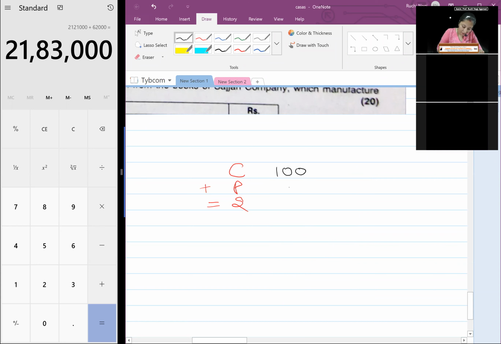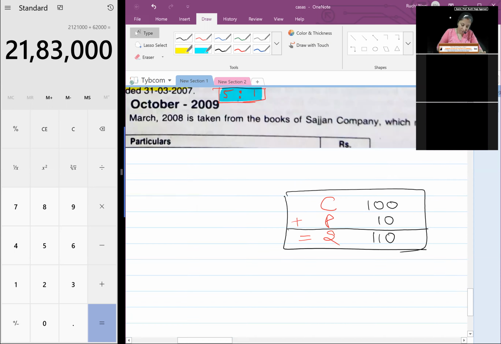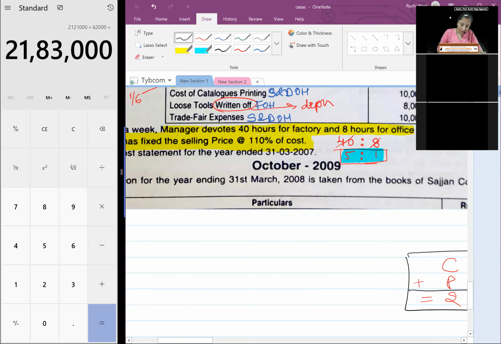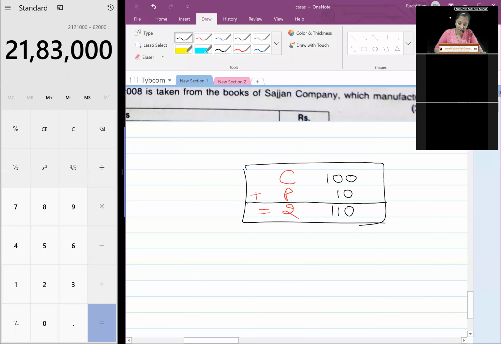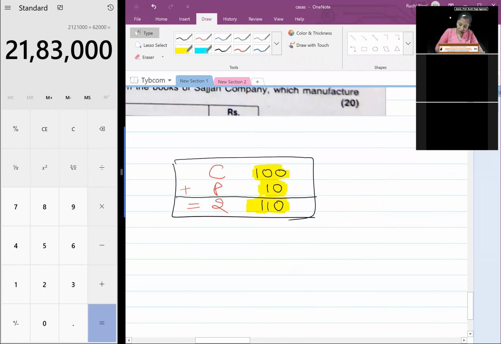Base is 100, profit is 10, so selling price is 110. See, it is given selling price at 110% of cost. So my selling price is 110, profit is 10, cost is 100.